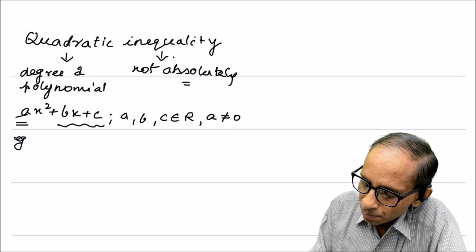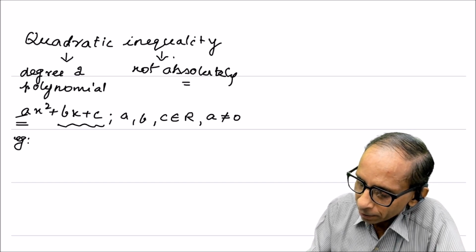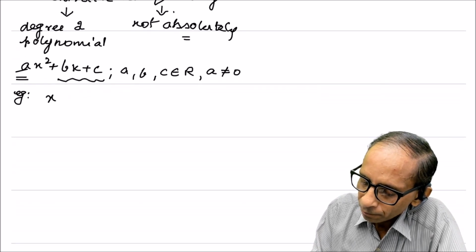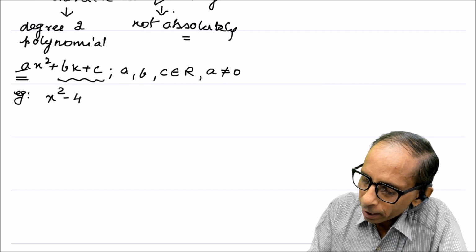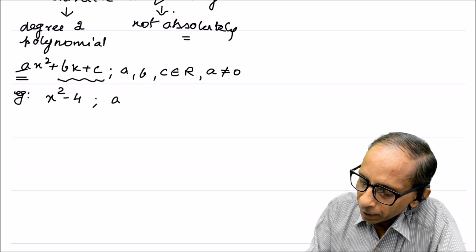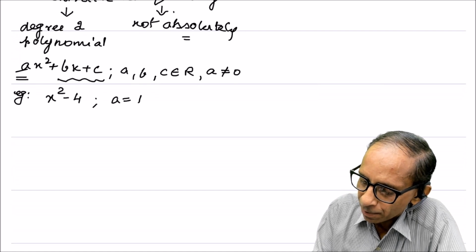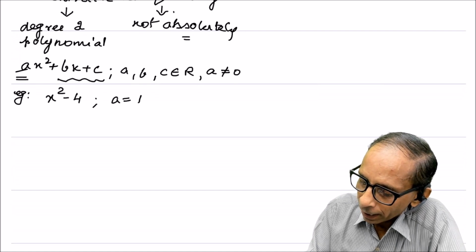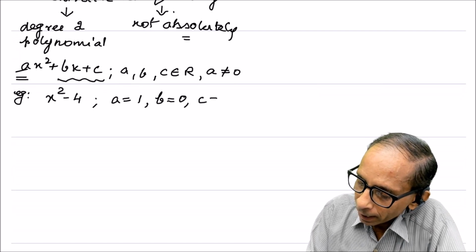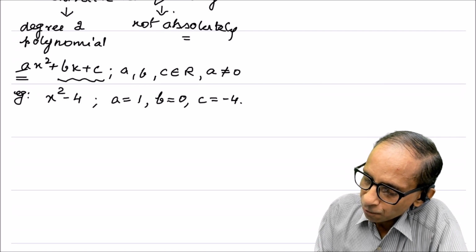As small examples of it, we can consider first one, x square minus 4, where if we compare with the standard expression, then a is 1, b the coefficient of x is 0, and c is minus 4.